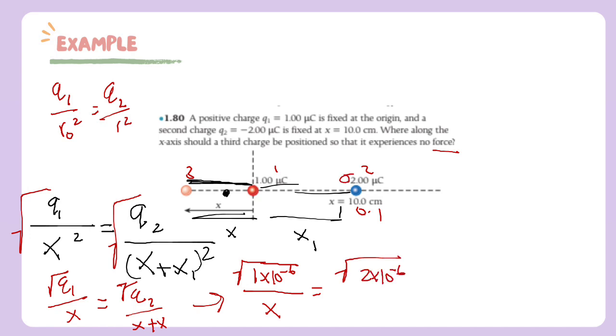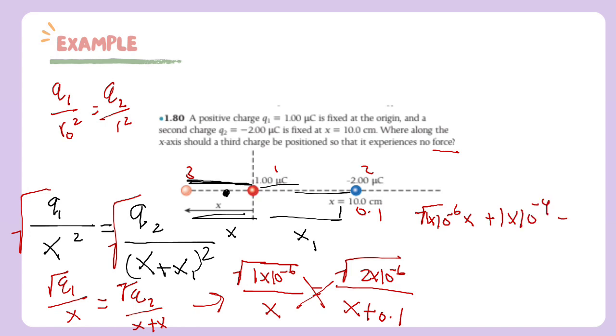I didn't put negative because we know in Coulomb's equation it's all about magnitude, not direction, divided by x plus 0.1. Then I do cross multiplication, so it will be the square root of 1 times 10 to the power of negative 6 times x plus the square root of 1 times 10 to the power of negative 6 times 0.1, which would give me 1 times 10 to the power of negative 4 equals the square root of 2 times 10 to the power of negative 6 times x.